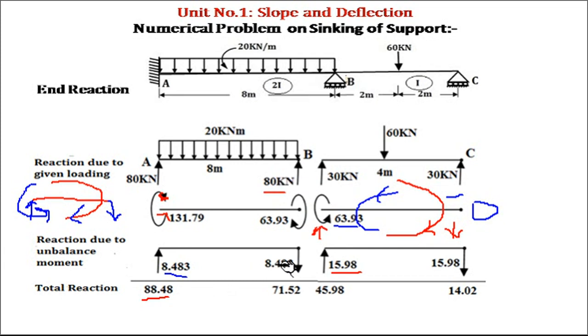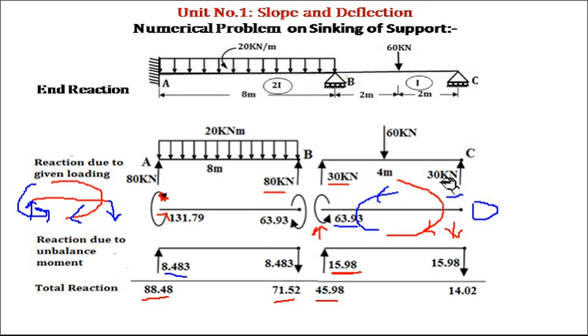So 80 minus 8.483, the value is 71.52. Now for member BC, here it is acting upward, so plus 30. Here also it is acting upward, so plus 15.98. So total value is 45.98.